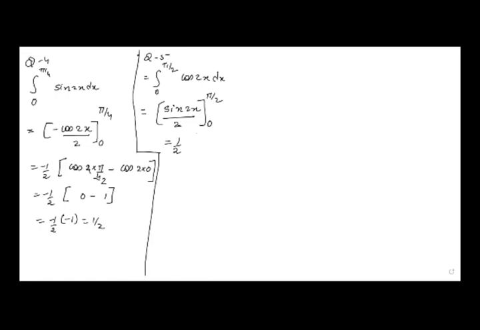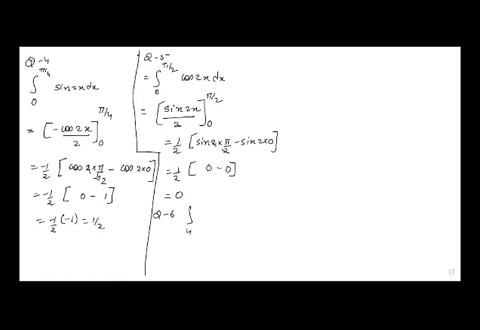So we'll take 1 by 2 outside and we'll keep the value of x as pi by 2 first and then 0. Sin pi is 0, sin 0 is also 0. I will get our answer as 0.